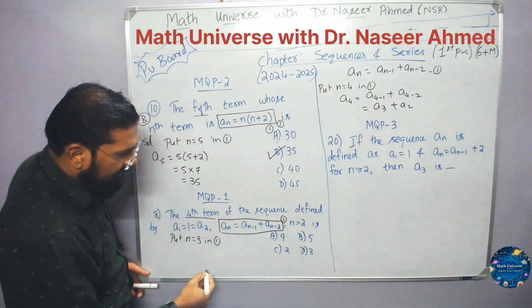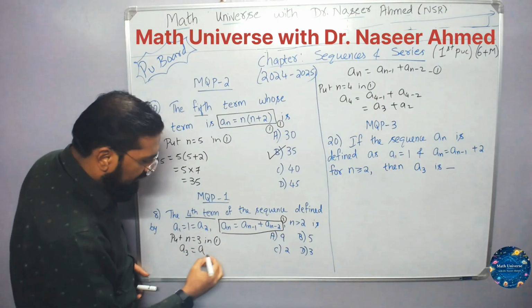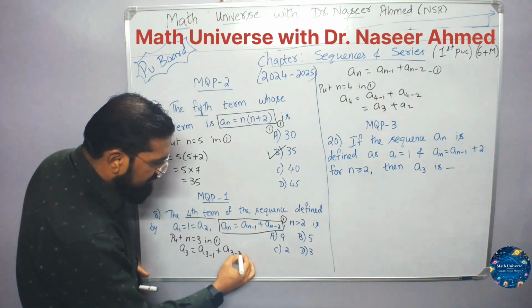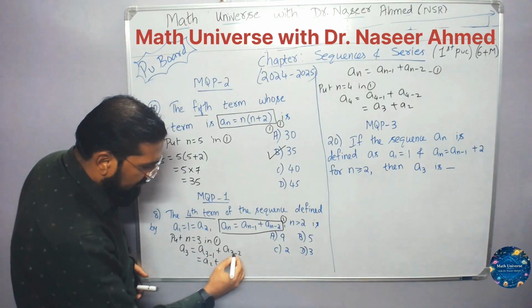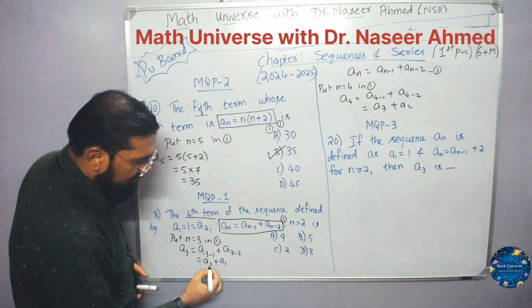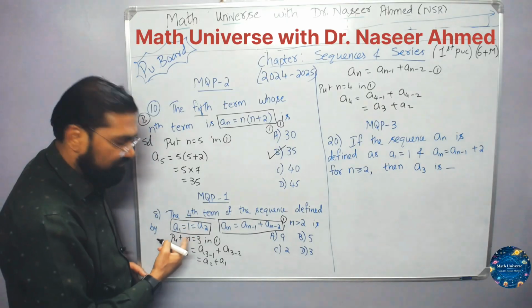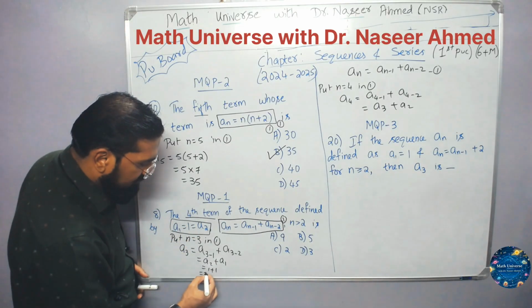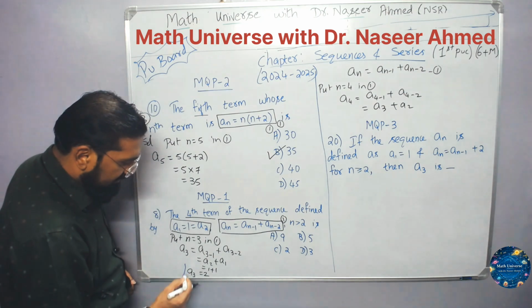We get a3 is equal to a3 minus 1 plus a3 minus 2. 3 minus 1 will be 2, then 3 minus 2 will be 1: a2, the second term, and a1, the first term, both are 1 itself. So 1 plus 1 will be 2, and that is our third term. So the third term is 2.